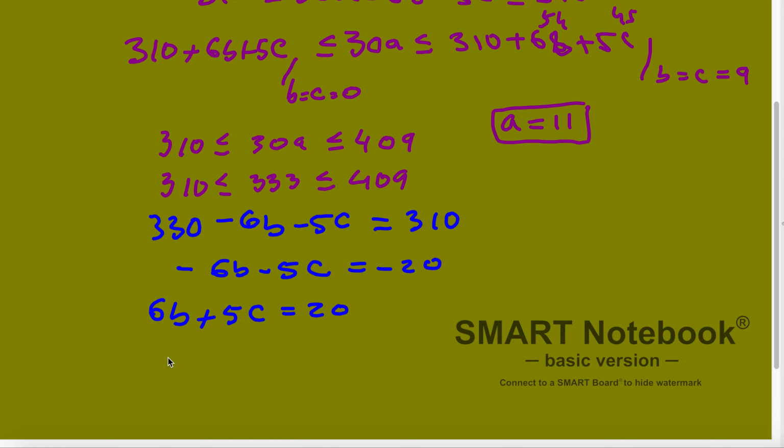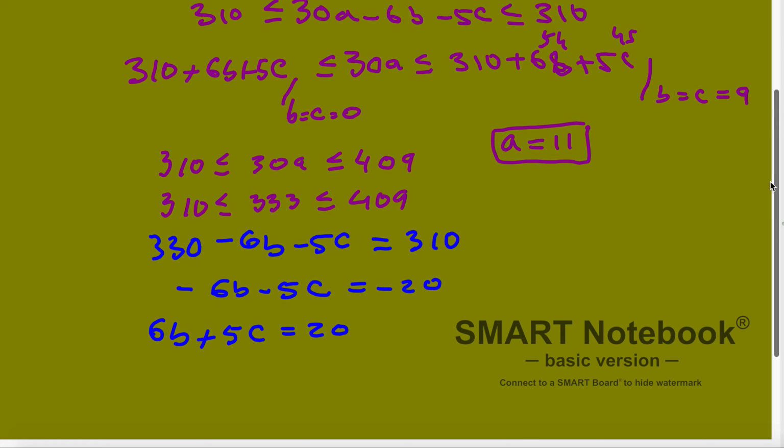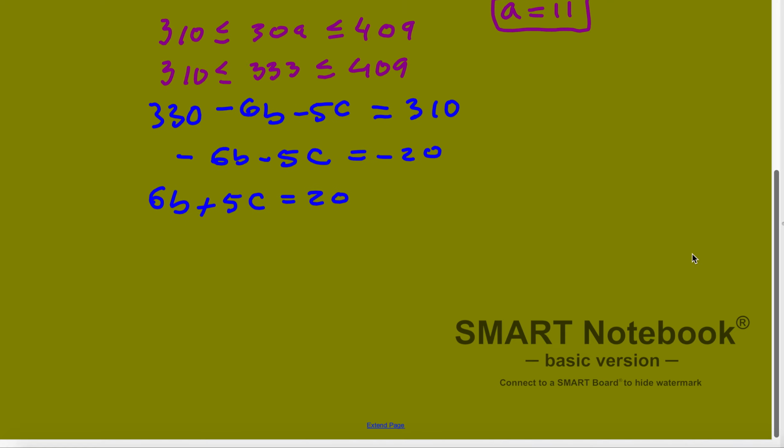So we are in this part here. Now again, we are going to do the same thing we did previously. We want to create an inequality and find some integer that satisfies this equation. To do that, I'm going to subtract 5c from both sides. So this implies 6b is equal to 20 minus 5c.